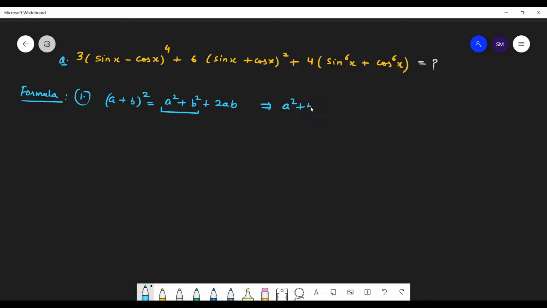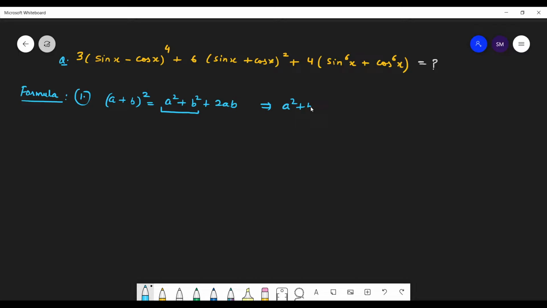Now the second one is a plus b whole cube. So a plus b whole cube is same way a cube plus b cube plus 3ab into a plus b. Here also students I am interested in the value of a cube plus b cube.